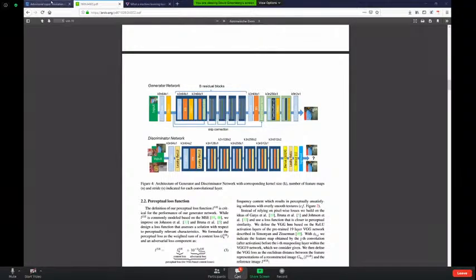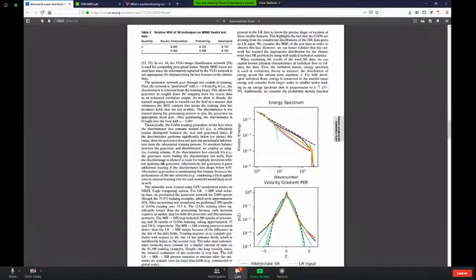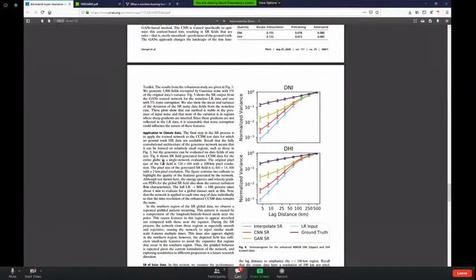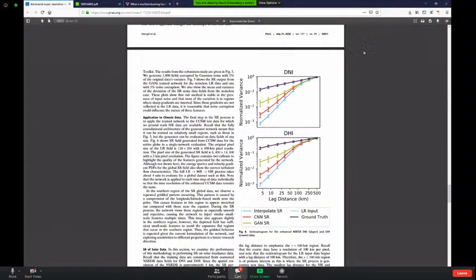Okay, so we have this framework applied to wind and to radiation fields. For the radiation fields, they don't have the same physical checks in terms of turbulent kinetic energy spectra, where they even have formulas to compare to.